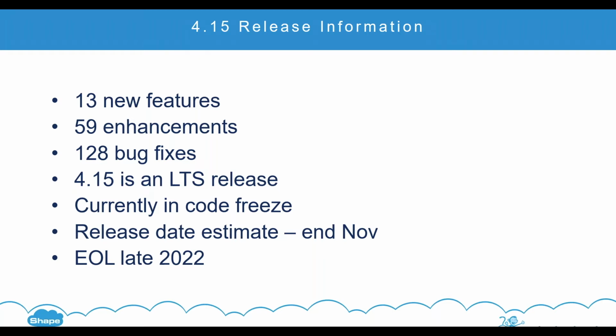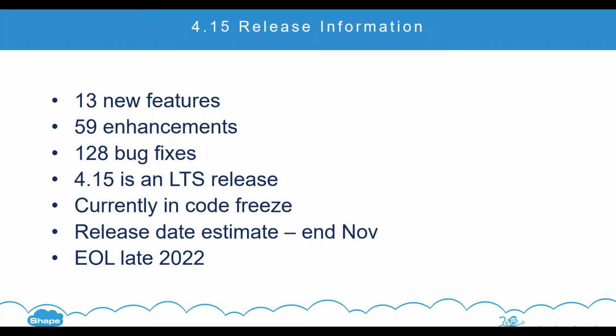That turns into 13 new features, 59 enhancements, and 128 bug fixes. So actually, it's probably new feature light. We're going to go through all 13 of those today, but there are a lot of smaller enhancements and bug fixes in it as well.